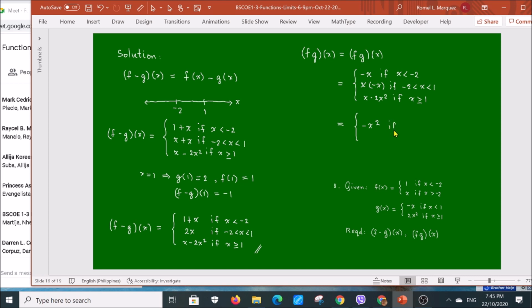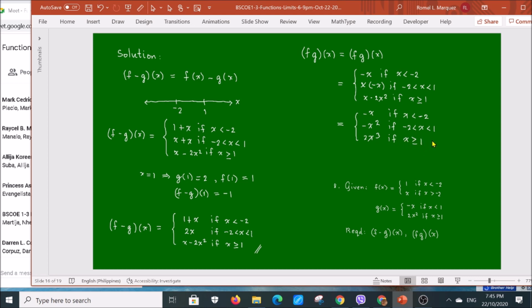So if x is between negative 2 and 1, it is negative x. And it is x if x is less than negative 2. And then finally, it is 2x cubed if x is greater than or equal to 1.